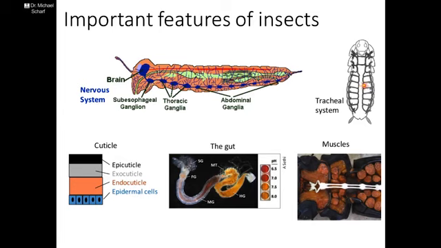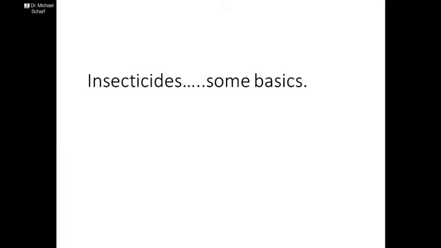So I wanted to move on then, after talking first about some things going on from the side of the insect, to coming over to the insecticide chemistry side and just talking about some very basics.